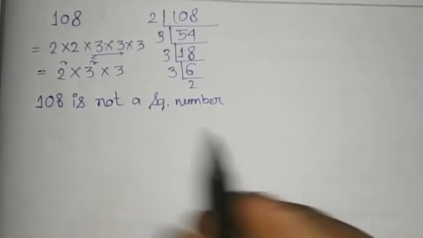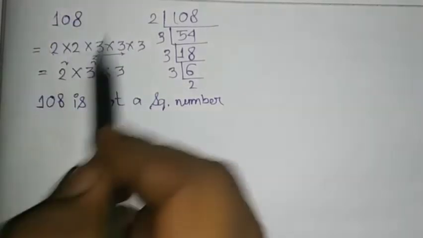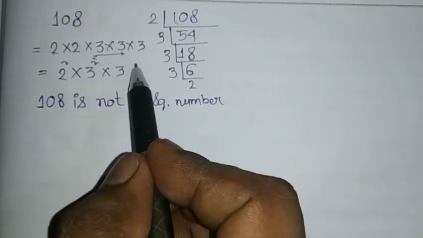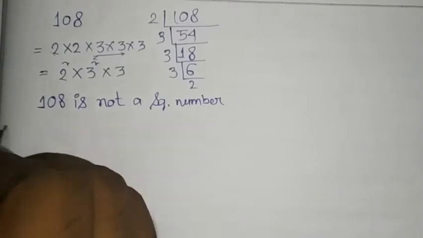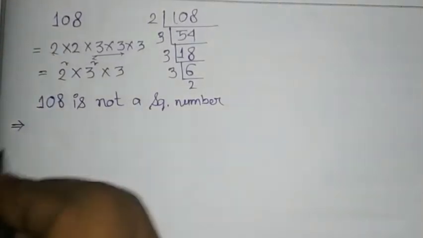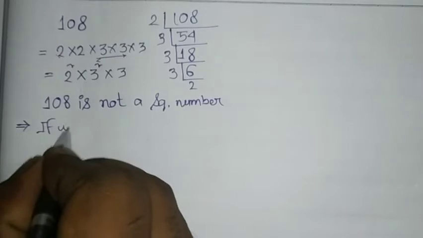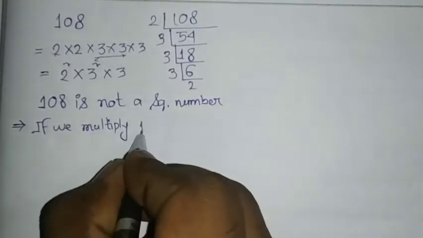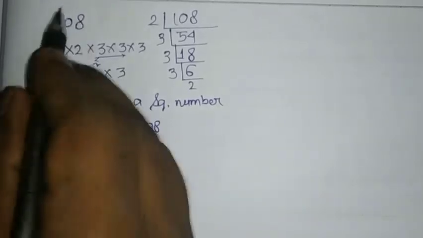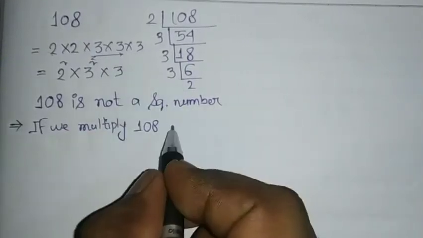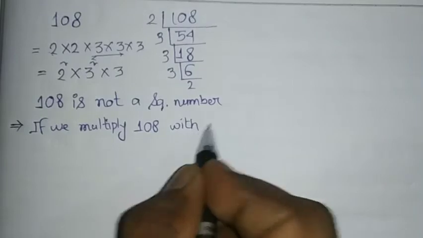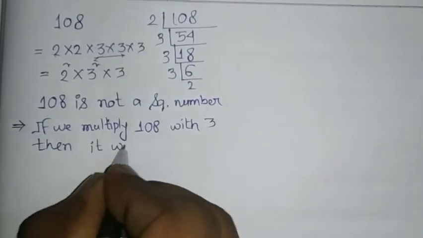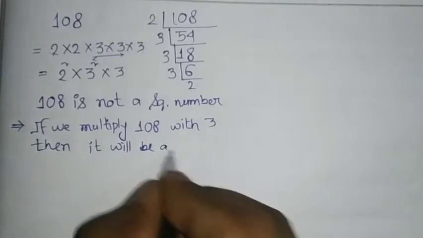Now suppose I multiply this total number with a 3, then it will be a 3 square. So our first answer will be what? If we multiply 108, this given number, with a 3, then it will be a square number.